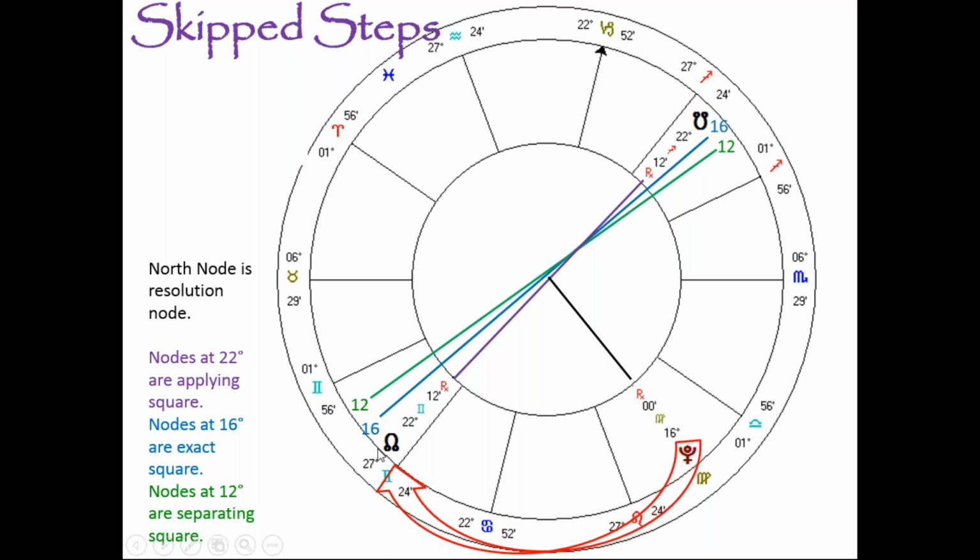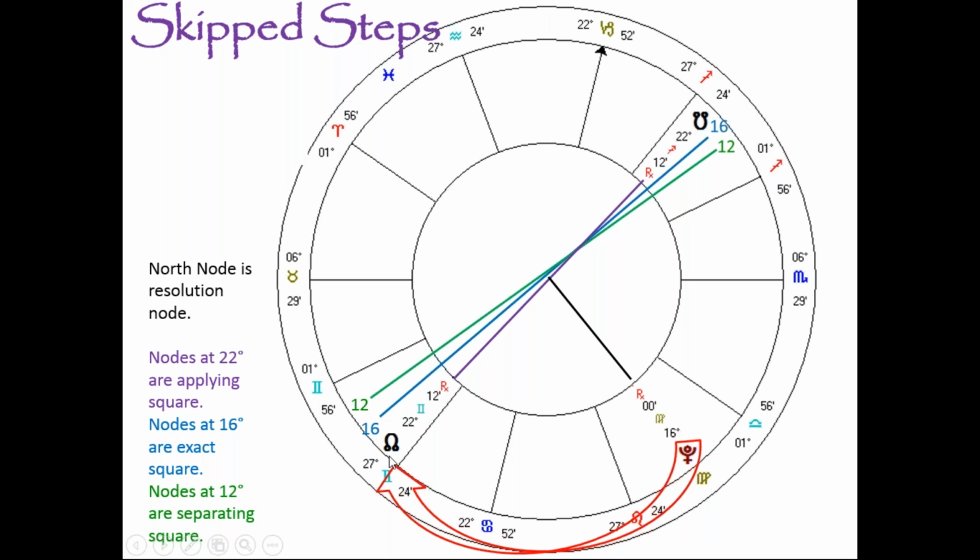The north node, everything is reversed here. The north node is an applying first quarter square. If you start with Pluto, you go 3/4 of the way around the zodiac to get to the south node. And the south node is an applying last quarter square to Pluto.